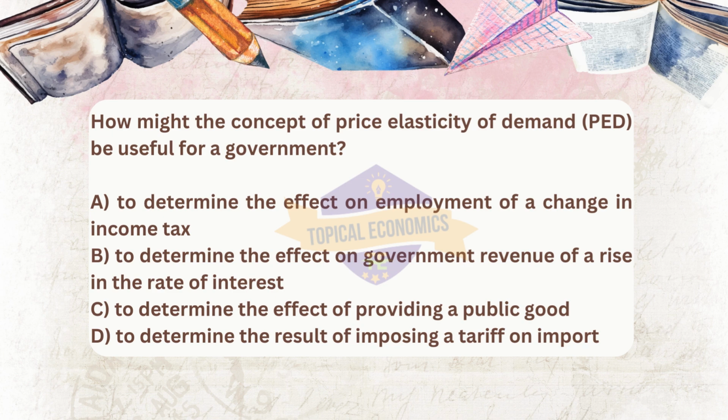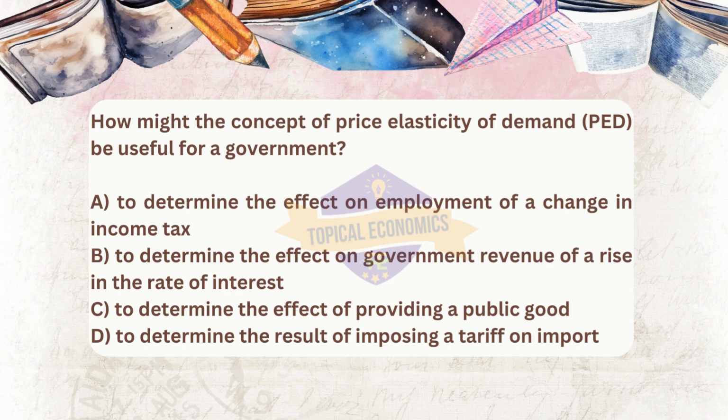Price elasticity of demand, PED, measures how responsive the quantity demanded is to changes in price. When a government imposes a tariff on imports, it raises the price of imported goods. Knowing the PED for these goods helps the government predict how much demand might decrease in response to the higher price. If the demand for imports is price elastic, PED>1, a tariff might significantly reduce import demand.